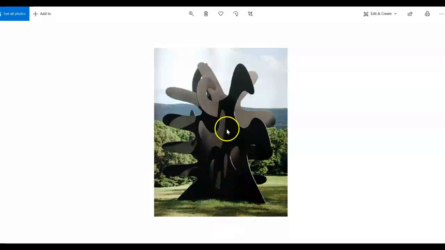Also, I would like to say that these spaces in between these different planes are the interior form here. These are interior forms.